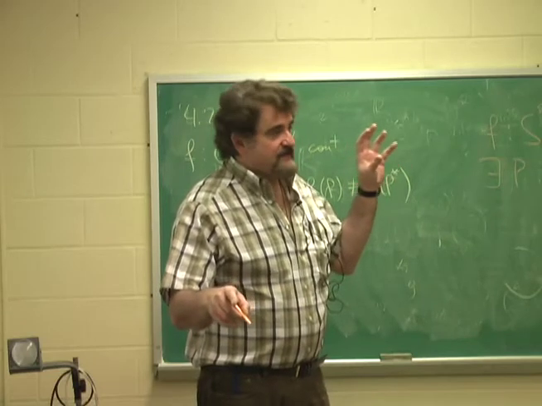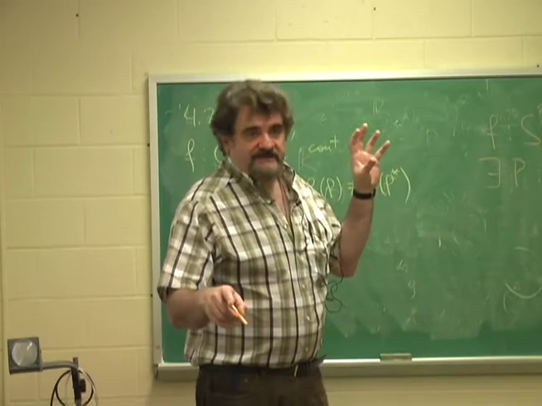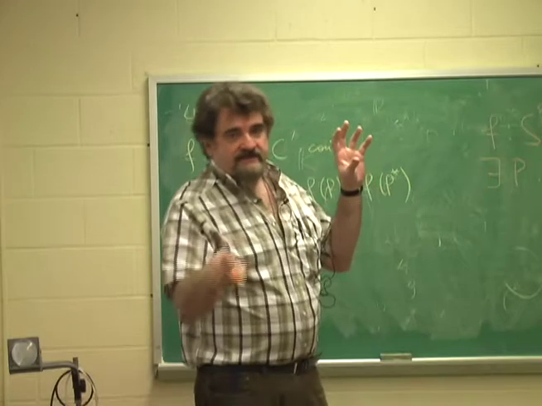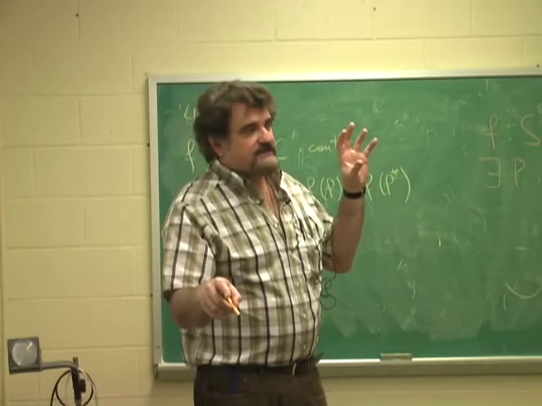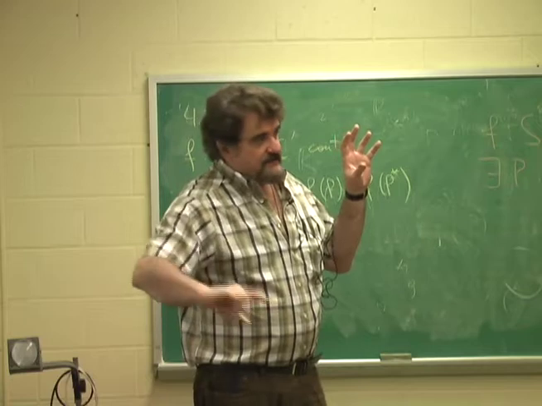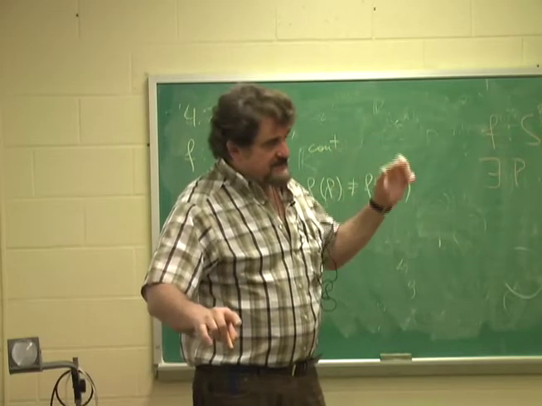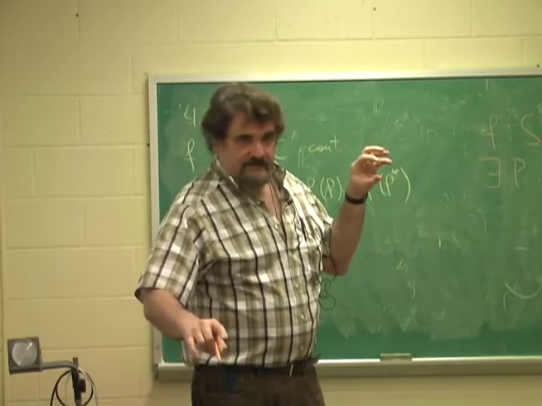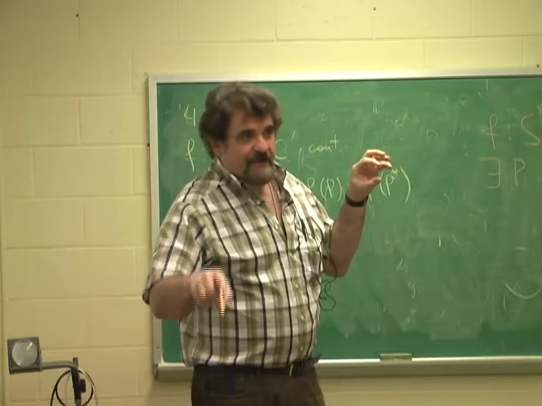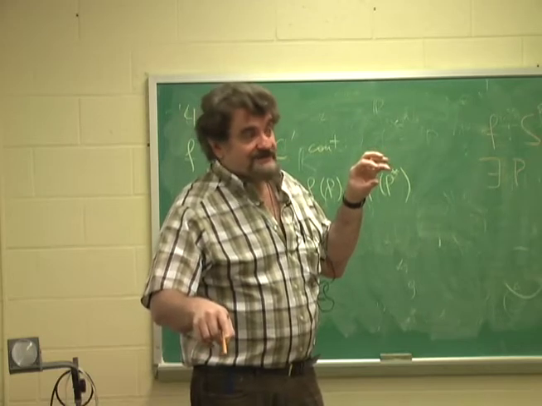Because if I have a piece of 3-dimensional space and I can map it continuously and one-to-one to a plane, then its boundary is mapped one-to-one on the plane, which is impossible.